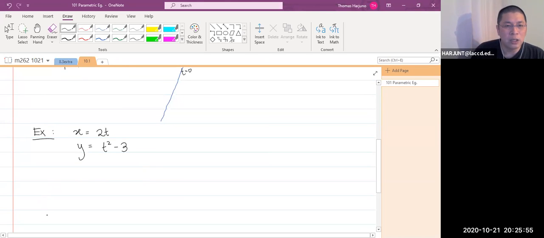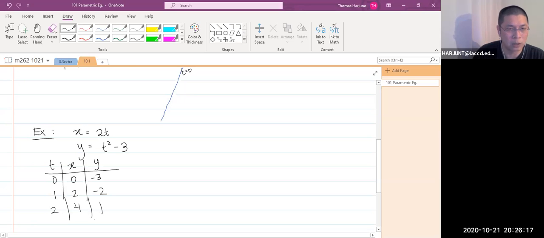So when t equals 0, the way you sketch that, what happens to x, what happens to y? When t equals 1, x will be 2, and y will be negative 2. When t equals 2, x is 4, y is 1, and so on and so forth.